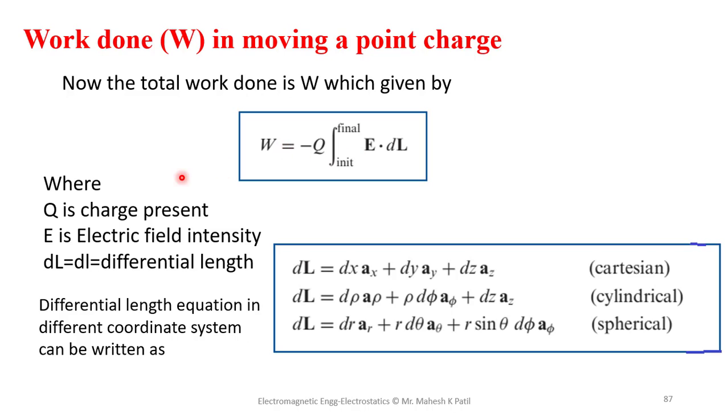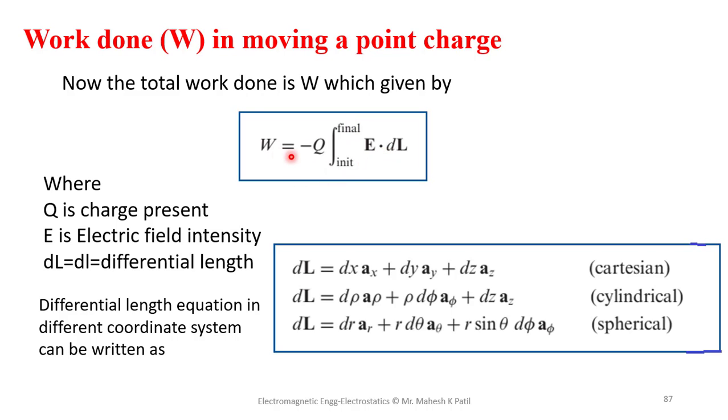In this equation Q represents the charge present, E is the electric field intensity, and dl, which can also be written as small dl, is the differential length. Therefore we can calculate the total work done in moving a point charge q from initial point to final point.